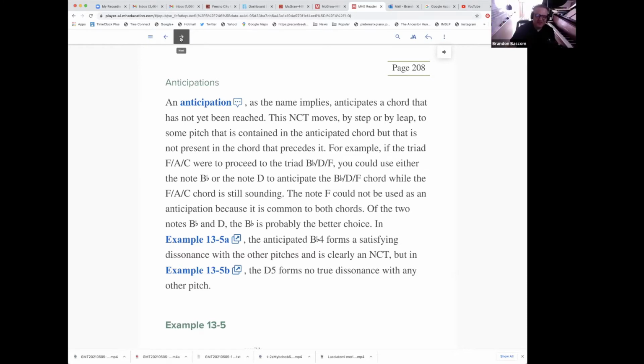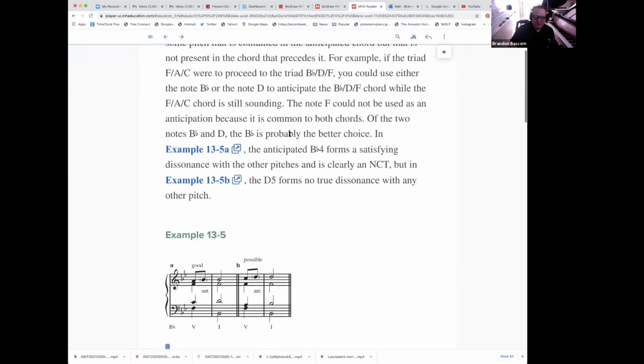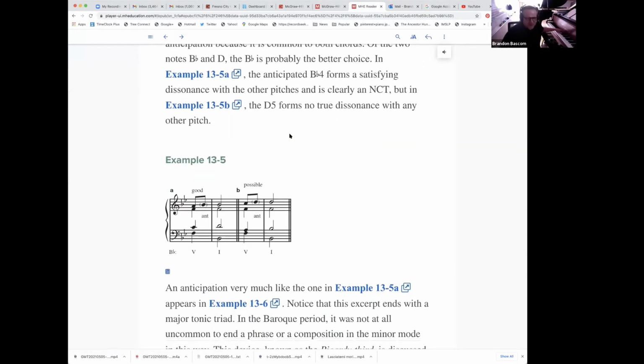So it just comes in early, right? Like a half of a beat too early. So here we are, B flat major. That B flat comes in half a beat too early.